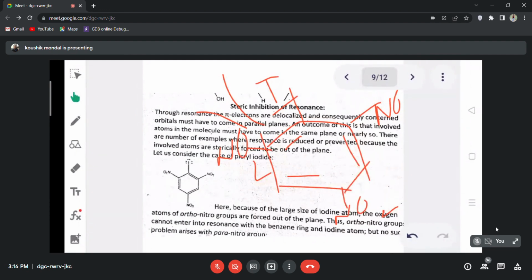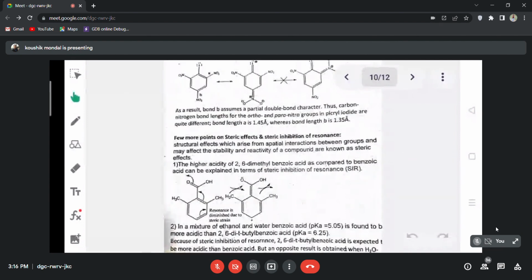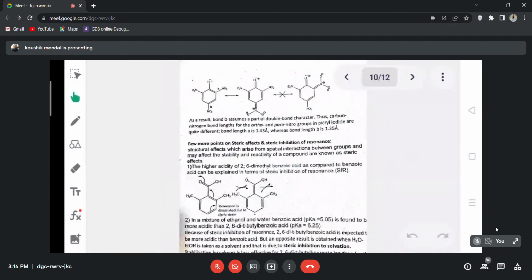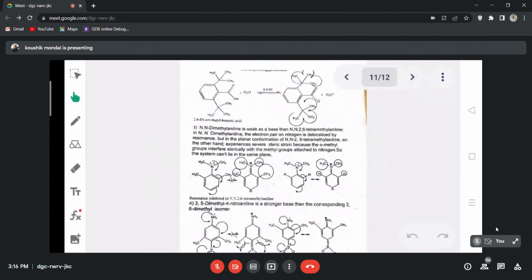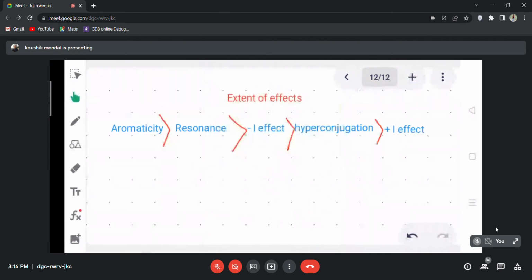Some examples are also given using steric inhibition of resonance, which will not come in your midsem, but you can check them.